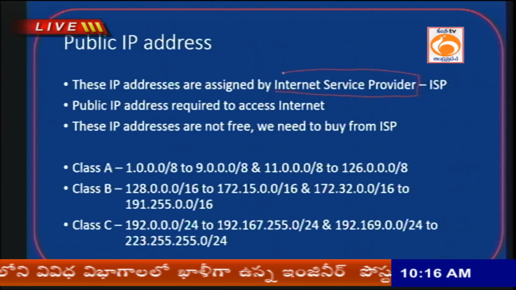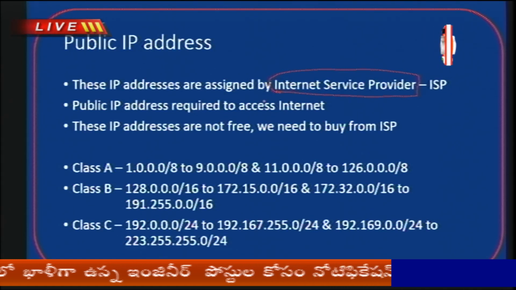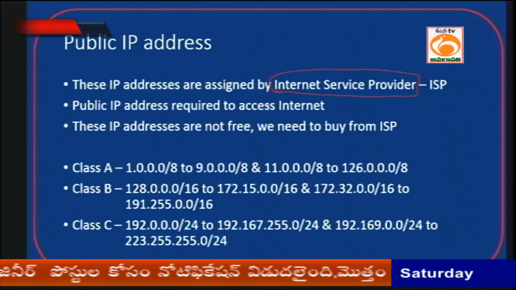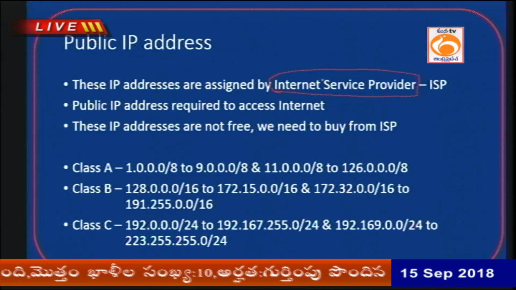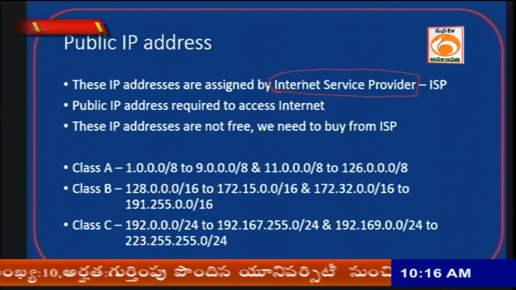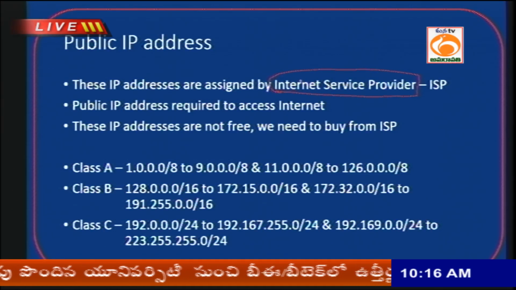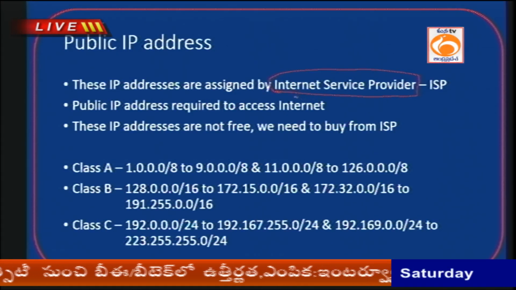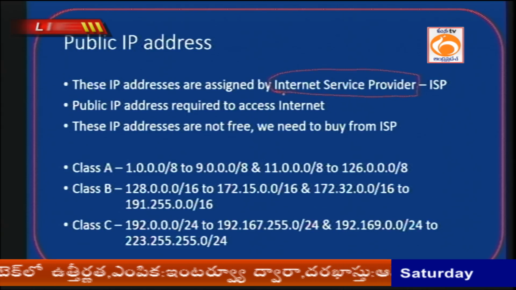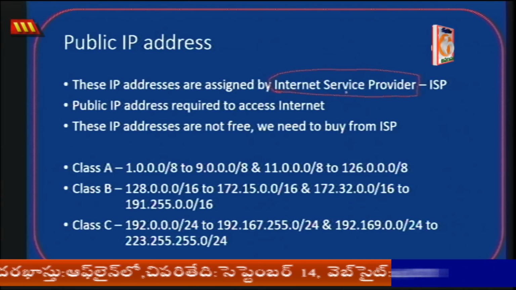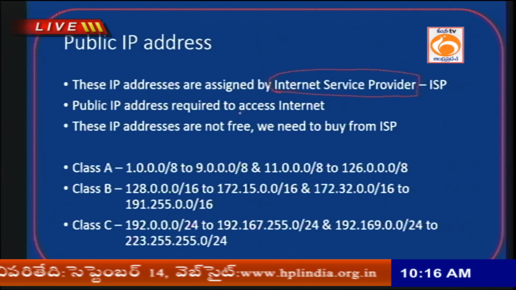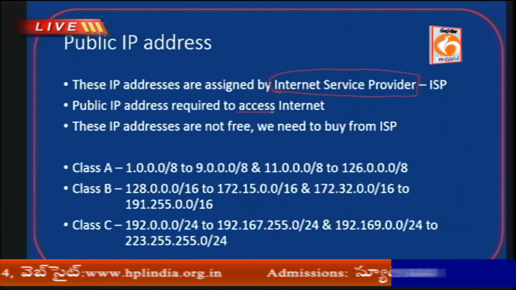In the last session, we did a quick review of how the IPs were allocated. The global IP addresses are managed by an organization called Internet Assigned Numbers Authority, IANA, and under IANA we have regional internet registries, and under them we have ISPs, and these provide IP addresses to the end users and organizations.